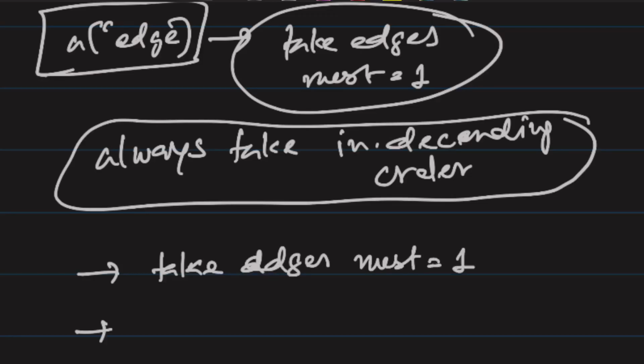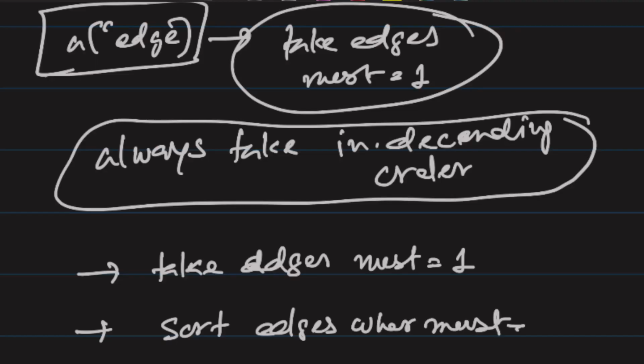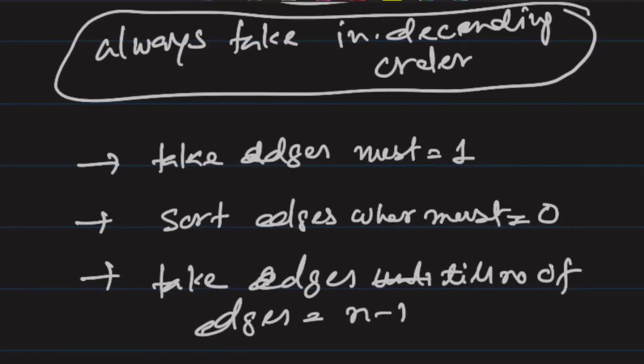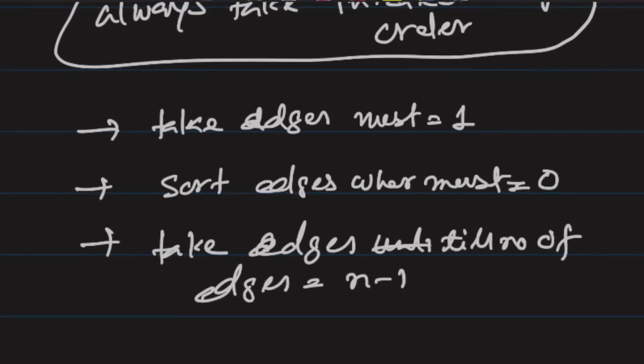After that, sort the edges where must equals 0 and take edges till the number of edges equals n minus 1. So that's how we are going to solve this problem. Let's look into the code.